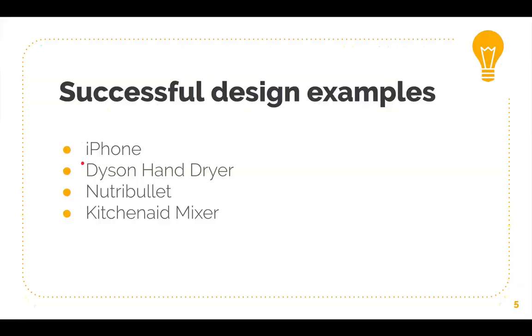So the iPhone is an expensive product to buy. It's also a very expensive product to upkeep. However, it is still seen as a successful design because there is a perceived need for it. So there is a need perceived by society that having an iPhone is important.